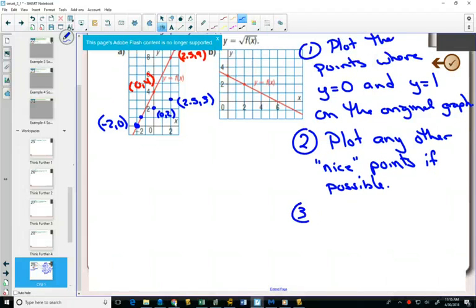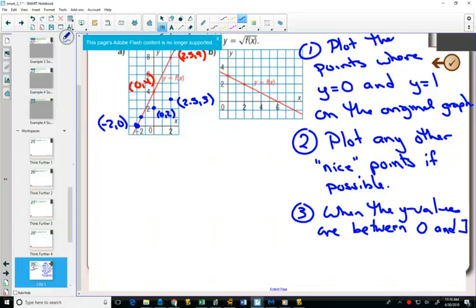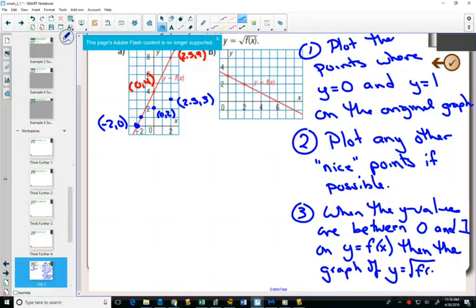Step 3, when the y values are between 0 and 1 on the original graph, which I'll write just as y equals f of x, then the graph of your square root function is above.